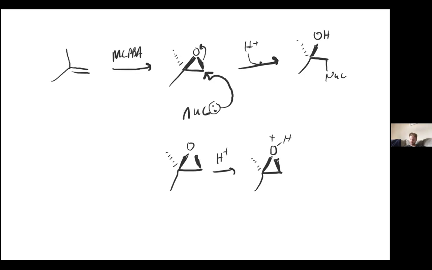So it's going to be shared with this tertiary center. And when we add in a nucleophile at this point, it's going to open our epoxide on the other side.